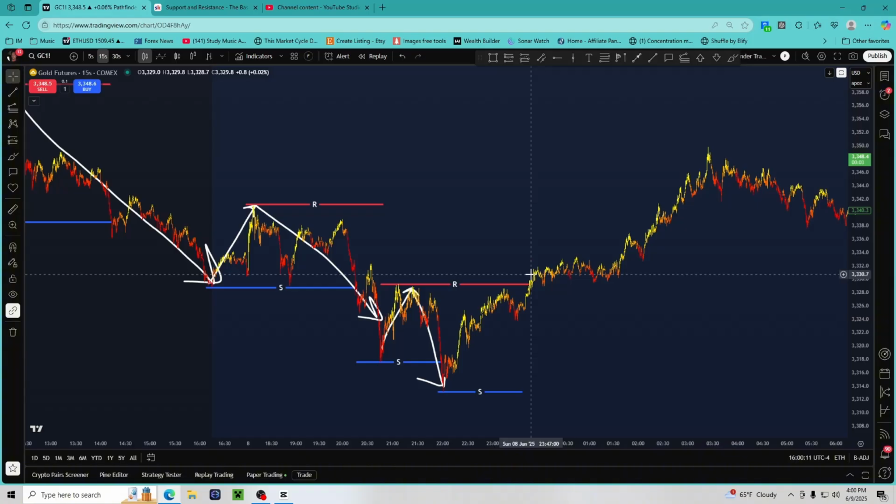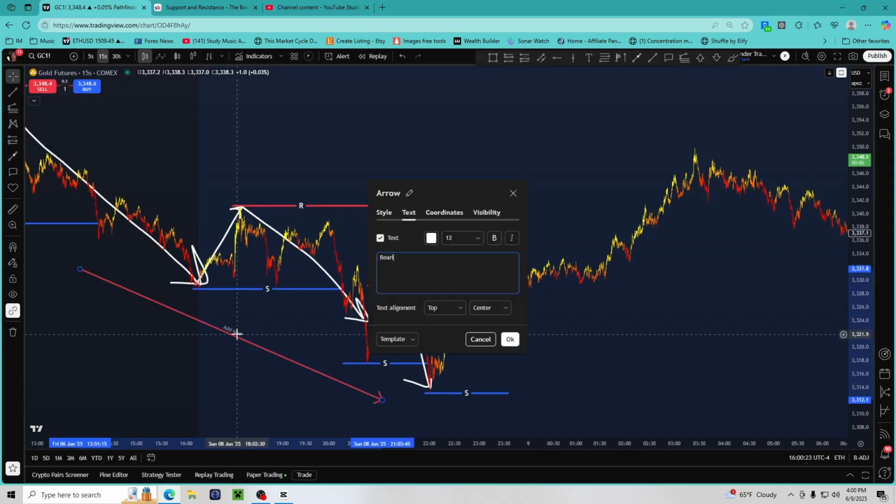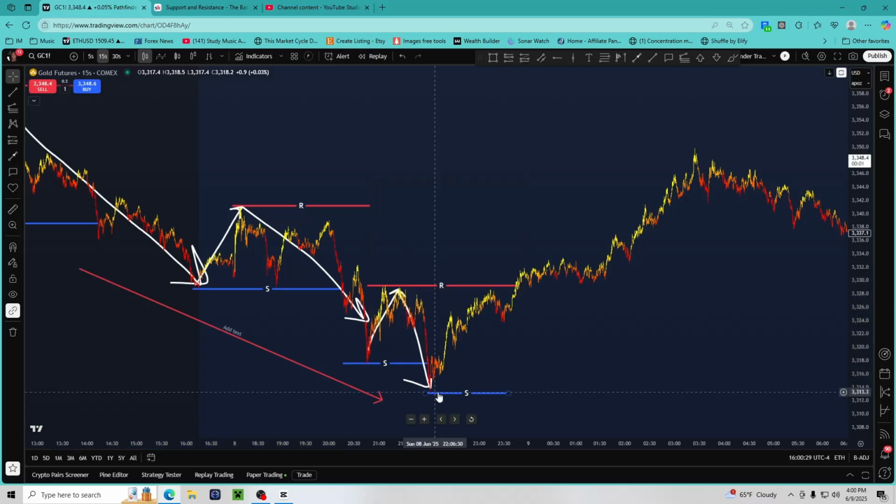And so we have been moving in a bearish move to the downside. Again, this is a bearish trend. The market is selling until it hits a point at which the market finds demand. And that was at this final support level right here. From here, the market breaks the resistance, which ends the trend.